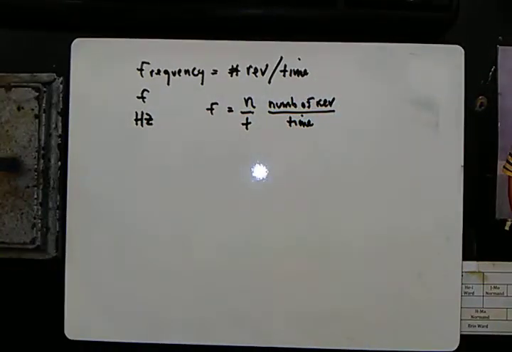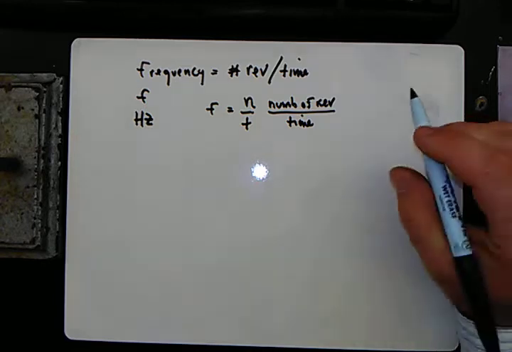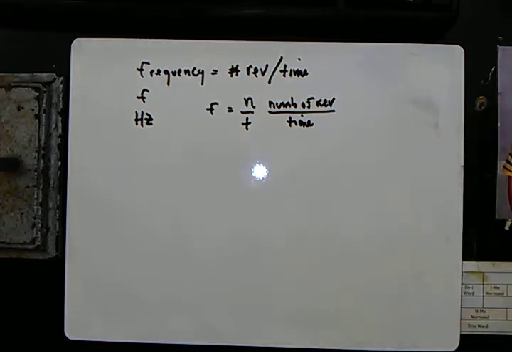Okay, so a common example would be on the dashboard of a car. You have something called a tachometer, which measures the revolutions per minute, RPMs, of the engine's crankshaft.